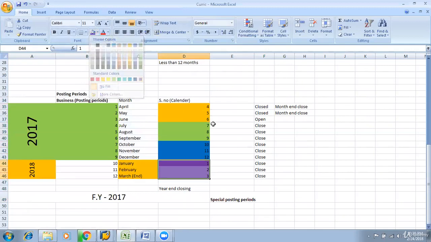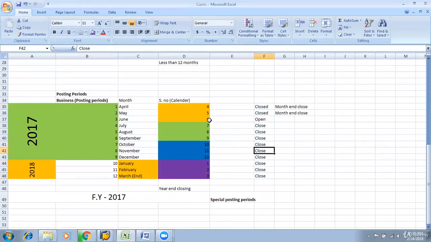They ask me that they need to post a few audit adjustment entries in each quarter. What do I do? I can have special posting periods 13, 14, 15, and 16. So why 13, 14, 15, and 16? Very simple logic. It's just a continuation of my existing posting periods. After 12, it's 13, 14, 15, 16.